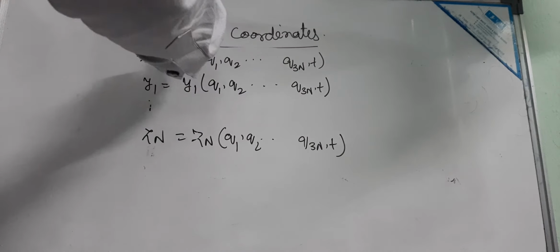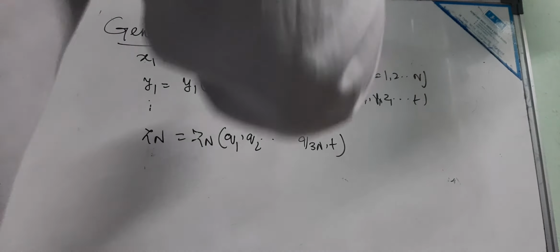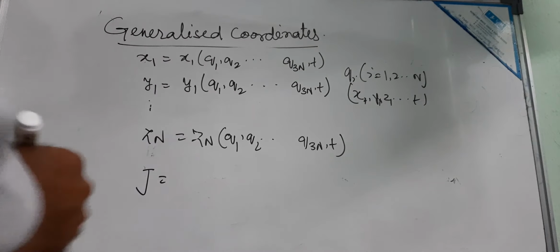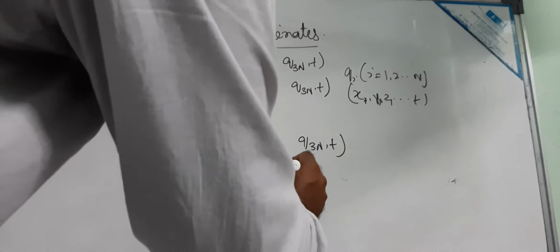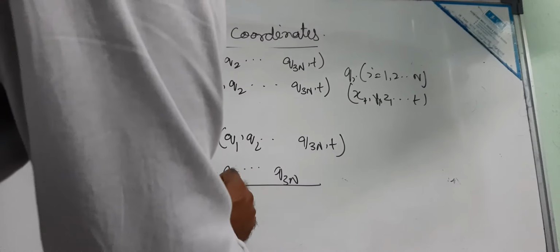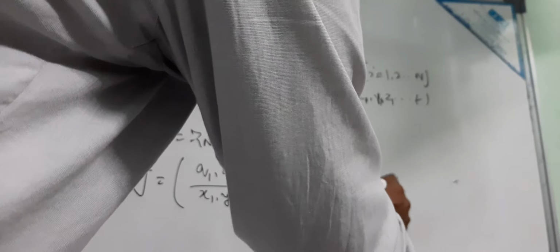The necessary and sufficient condition, when we are transforming from one set of coordinates qi, with i equal to 1, 2, 3 up to n, to another set xi, that is x1, y1, z1, t, is that the Jacobian, the determinant of the derivatives of q1, q2 up to q3n with respect to x1, y1 up to zn, is not equal to 0.